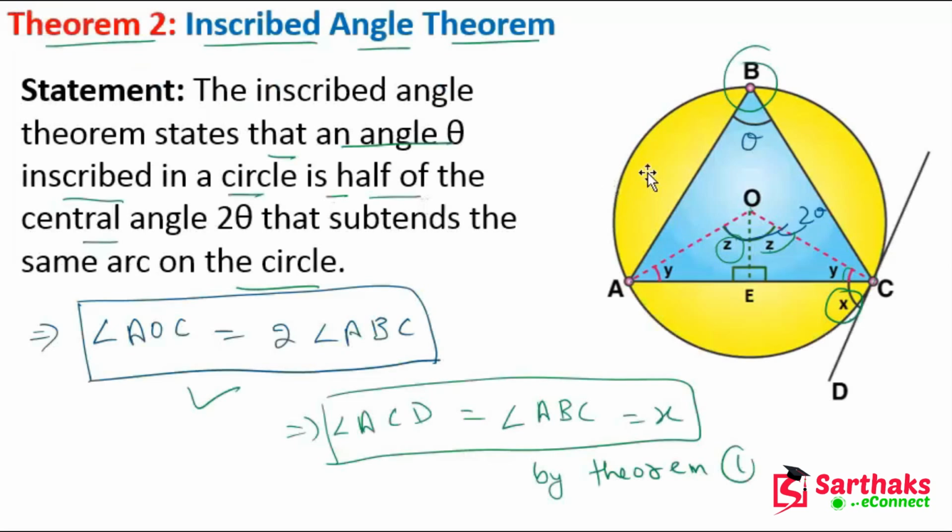Now we know that this angle Z, OAC, is an angle in which OE bisects this angle.